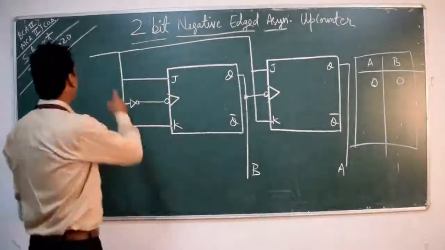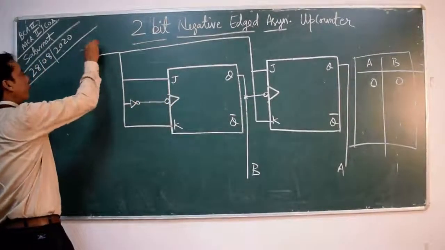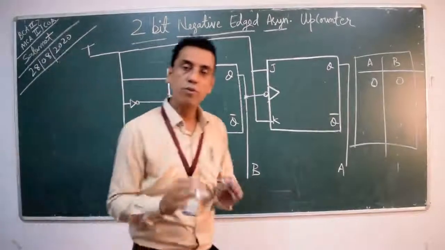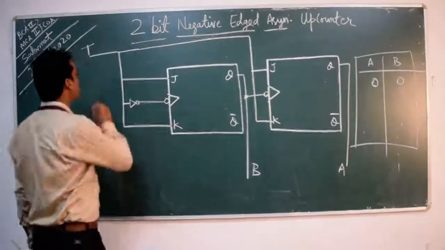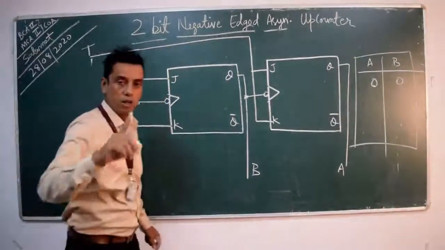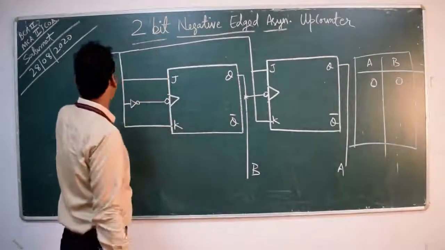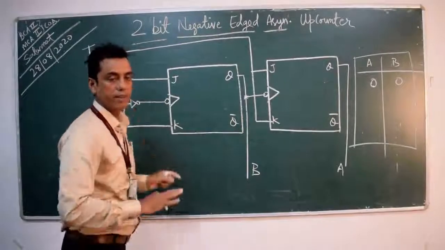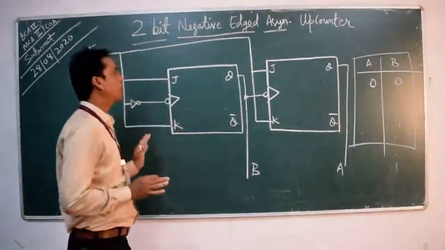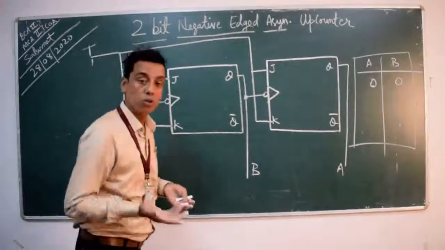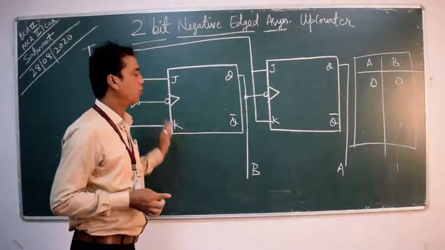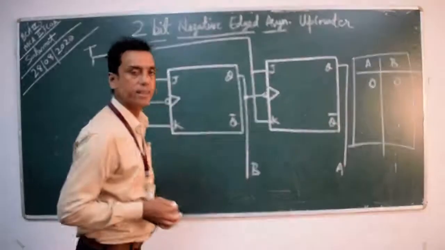Now this is the trigger line. What you have to do is put 1. You can put 0, you can design the counter which will trigger with 0 also, but you need to make some changes in the design.